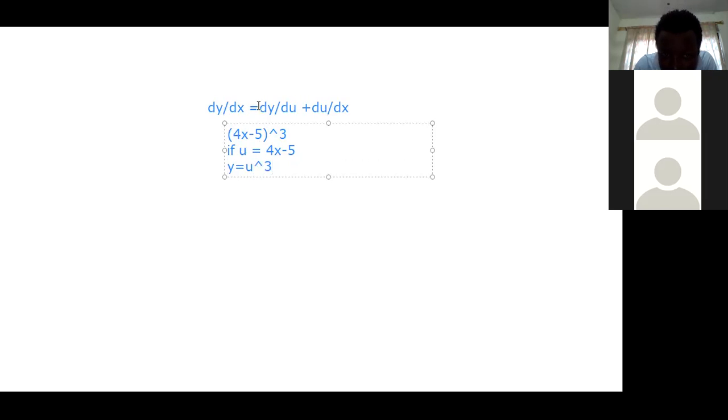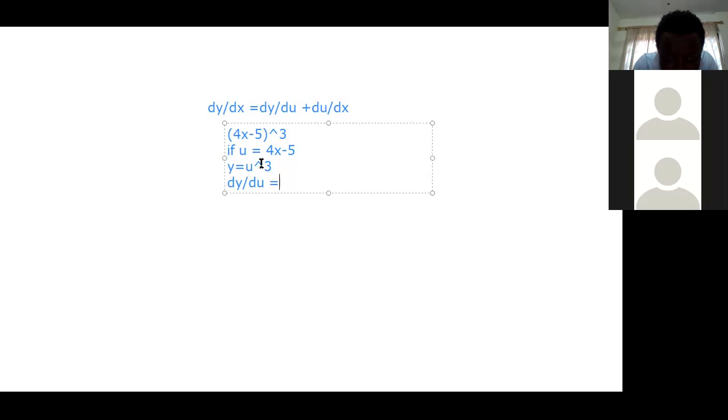Now we come and quote this formula: dy/dx is equal to dy/du times du/dx. The first thing I'm going to do is find dy/du.